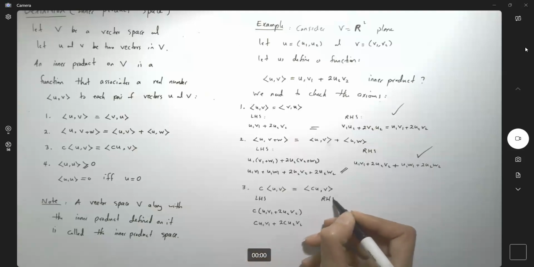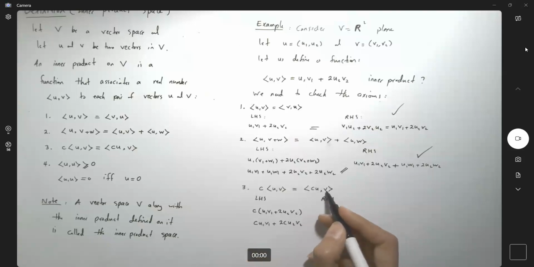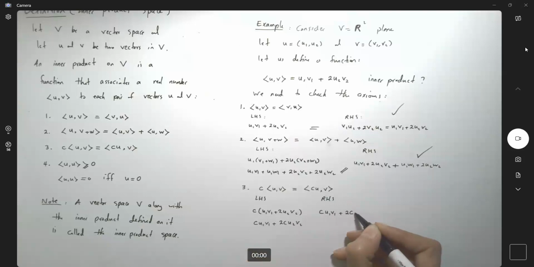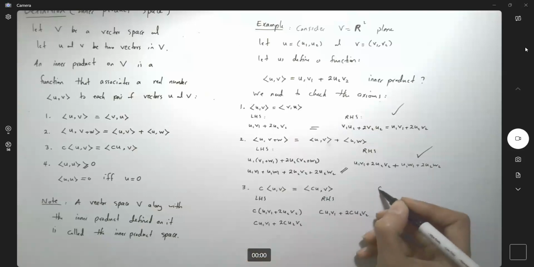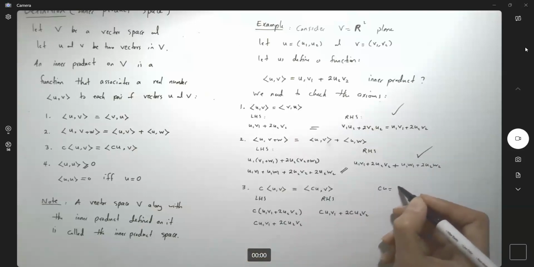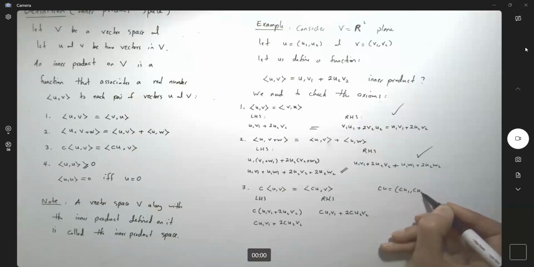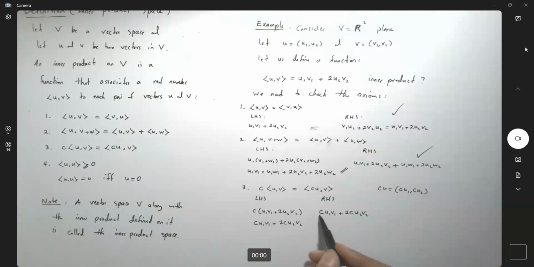On the right-hand side, we have CU and V. It means that you have C U1 V1 plus 2C U2 V2, because CU is basically CU1 and CU2. Well, let's just check these two. C U1 V1, they are the same. 2C U2 V2, they are the same. So far the first 3 axioms are met.